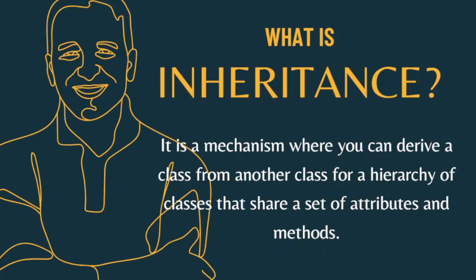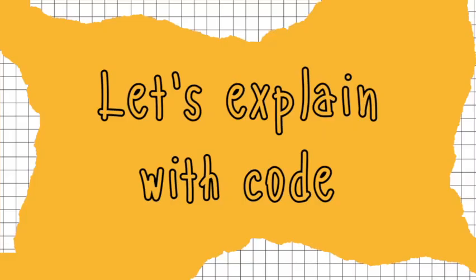When we have these, they can be inherited by the class that the parent gave birth to. The parent is normally known as the super class, because it is the main class where all the inheritance starts from. Then the child is known as the subclass. So that is inheritance. Now let's go into coding.